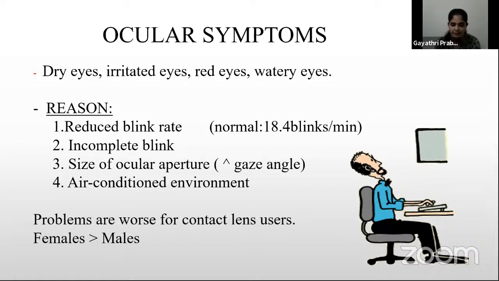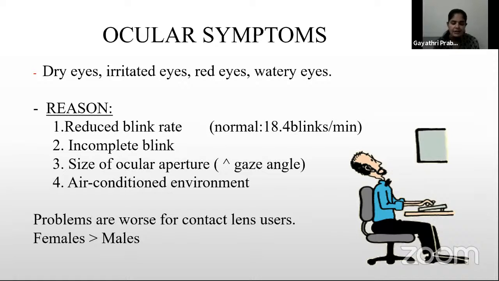The third, as I mentioned before, is if we are looking at a screen above at a higher gaze angle, that means we are exposing more of our eye to the environment, and that is going to cause further increased evaporation of the tears, leading to dryness.